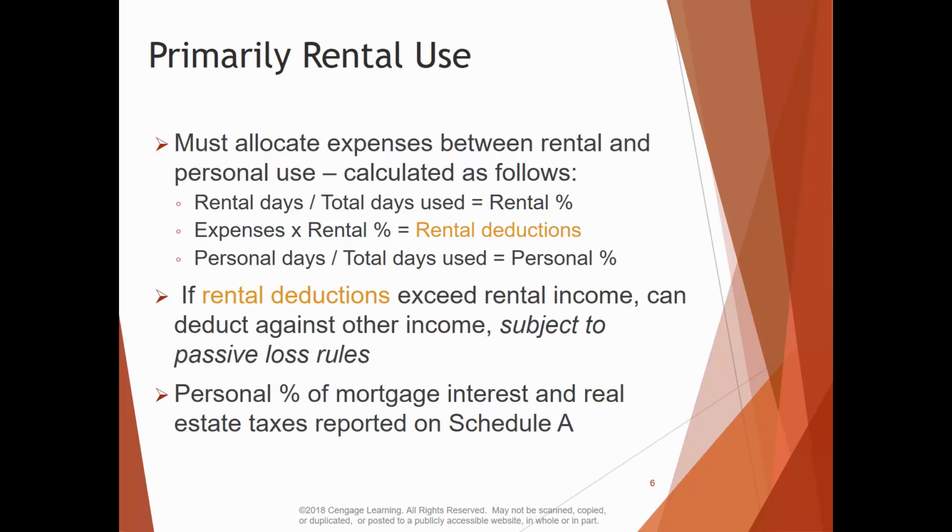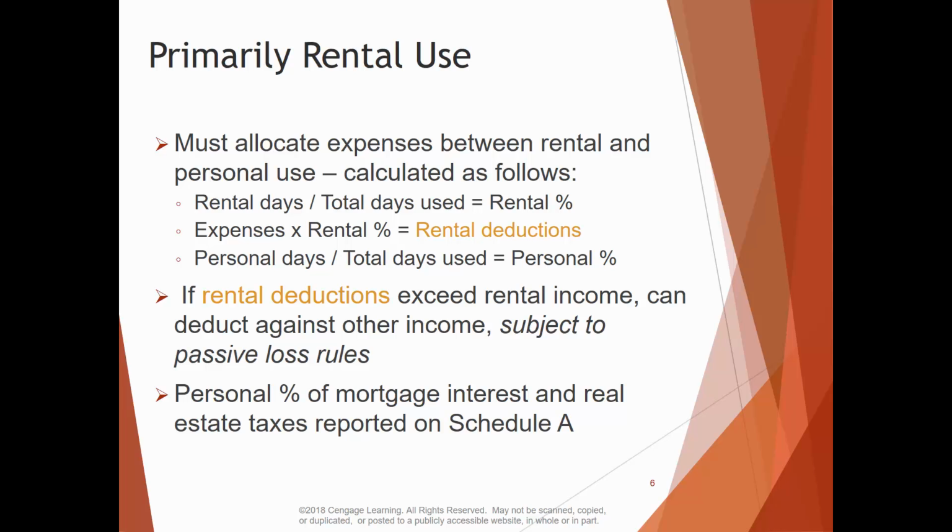So in this scenario, in a primarily rental, if your deductions exceed your income, you can deduct them against your regular income, but it's subject to passive loss limitations. They're called PALs, passive activity losses. And then the personal part of your mortgage interest and real estate taxes goes over here.